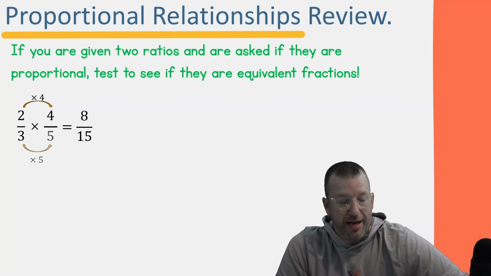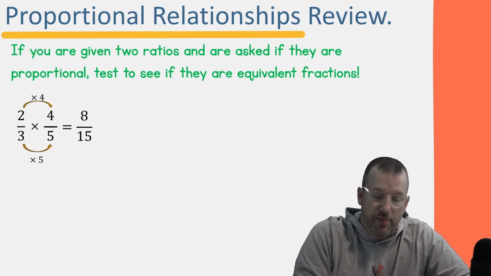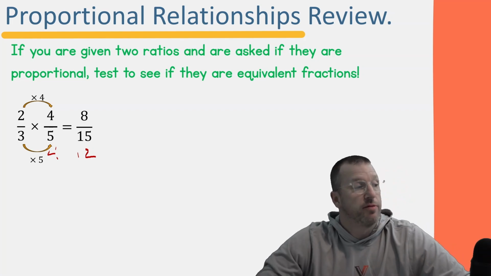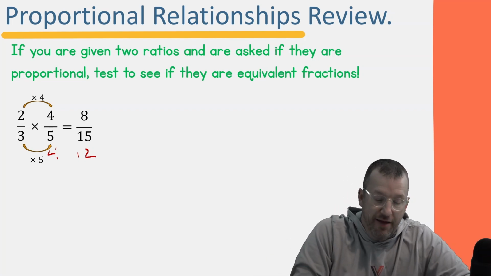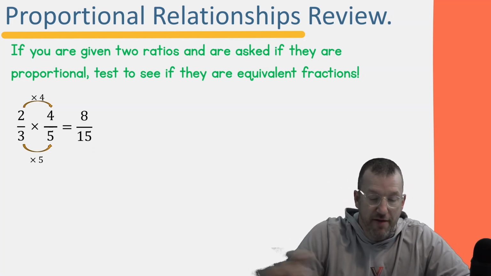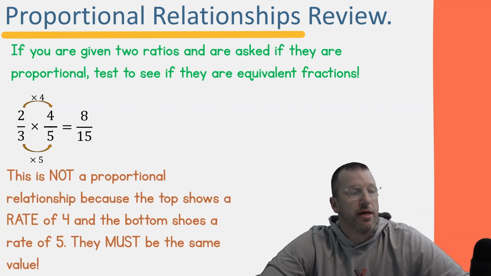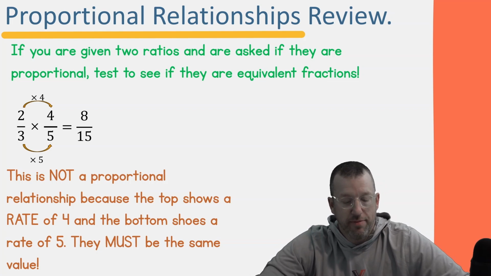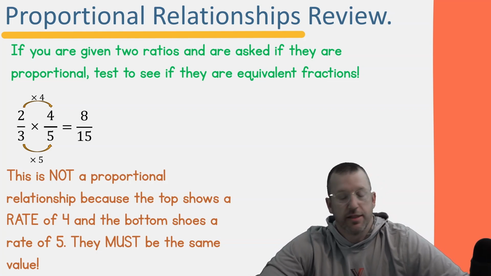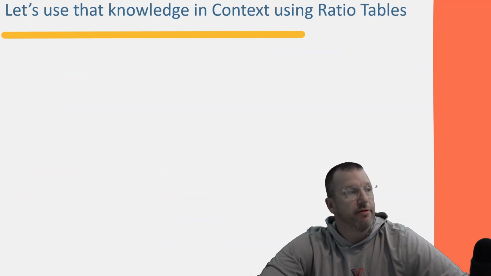We have to multiply the bottom by the same thing. And we can't in this scenario, because if we multiply the bottom by 4, we would get 12 over here. So actually, we multiply the bottom by 5, and we multiply the top by 4, which means this is not a proportional relationship. The top and bottom have to be adjusting by the same rate. In this case, it would have to be both times 4 or both times 5.